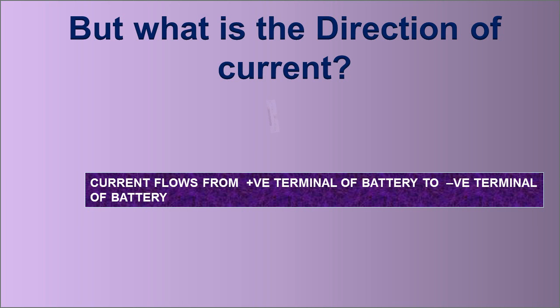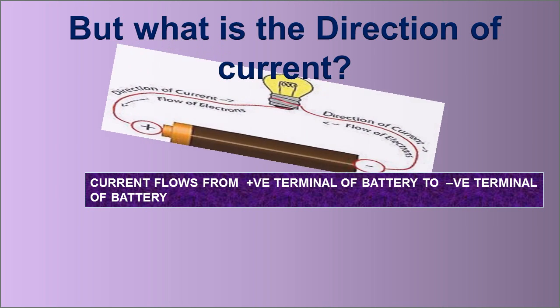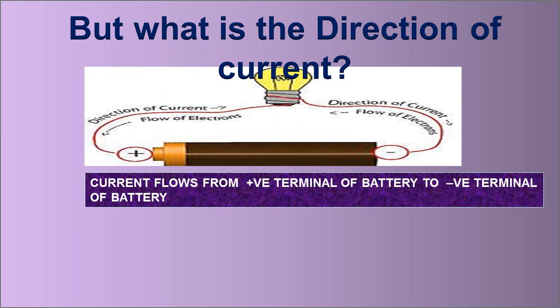For example, in a copper wire, free electrons, which are negatively charged particles, move toward the positive terminal of the cell. That means if we talk about the positive charge in a copper wire, they move towards the negative terminal of the battery. So the conventional direction of the current is from the positive terminal to the negative terminal of the battery, as shown in this figure.